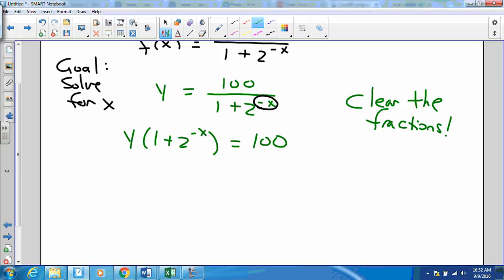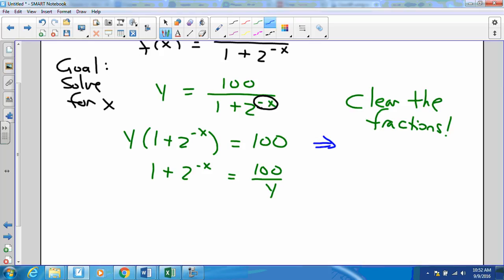Now, I'm trying to isolate x right here, so I have some options. One option, a good option, would be to divide both sides by y, since this is already in factored form. It's not the only possible option that I could have taken.